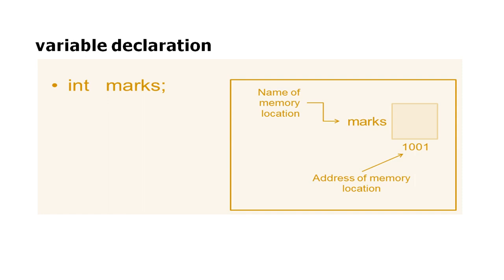Instead of accessing the memory location with its address, a programmer can give his own name, his desired name, by following some rules.